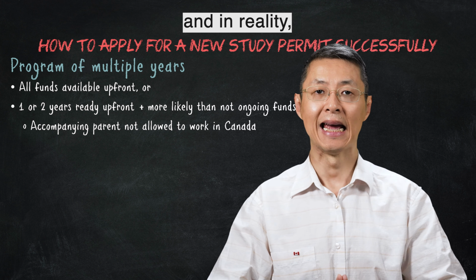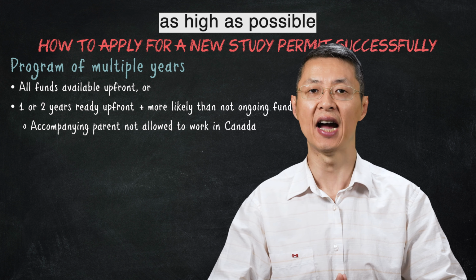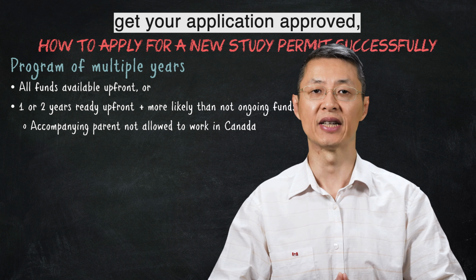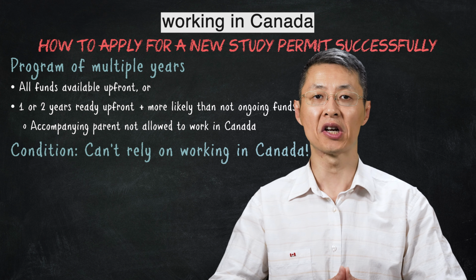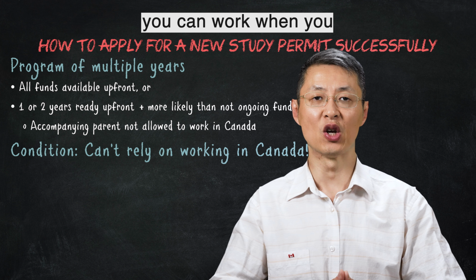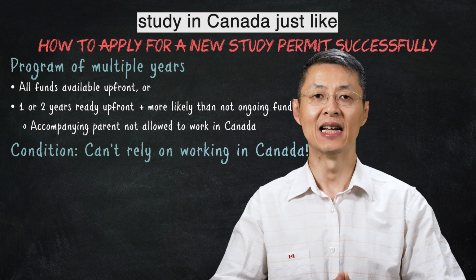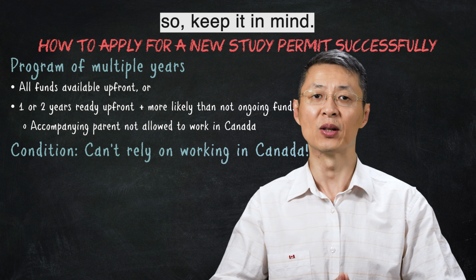In reality, this can be very subjective, and I always recommend you try your very best to lift your standard of proof as high as possible for a better chance to get your application approved. But remember, you cannot rely on working in Canada for the financial resources, although in many cases, you can work when you study in Canada. Just like what we saw just now, Section 220 stipulates this point explicitly, so keep it in mind.